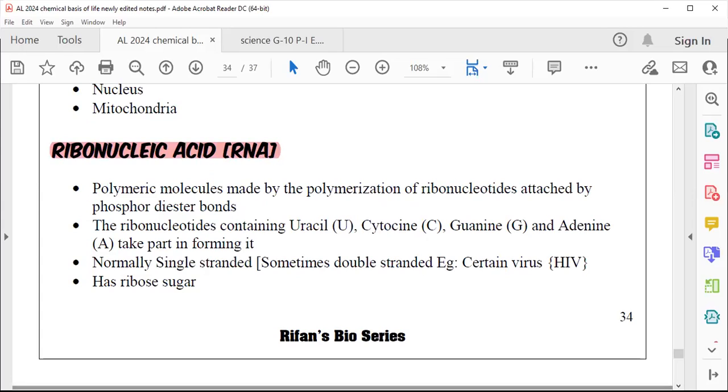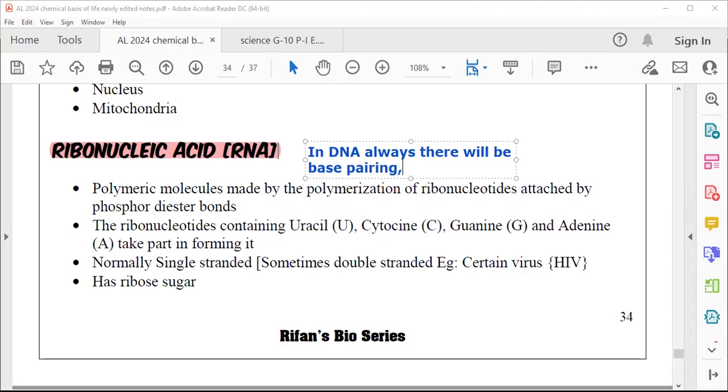Here, uracil, cytosine, guanine are there. Remember, in DNA, always there will be, what is it? Base pairing.